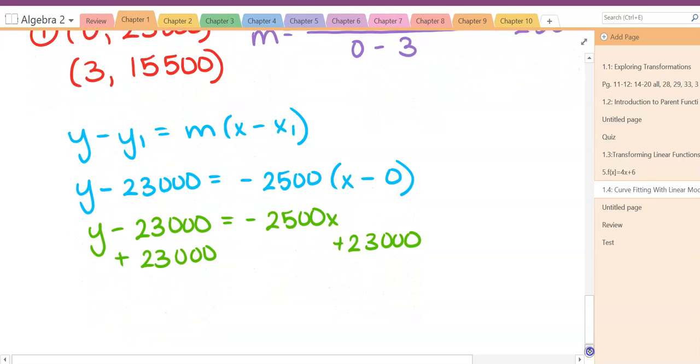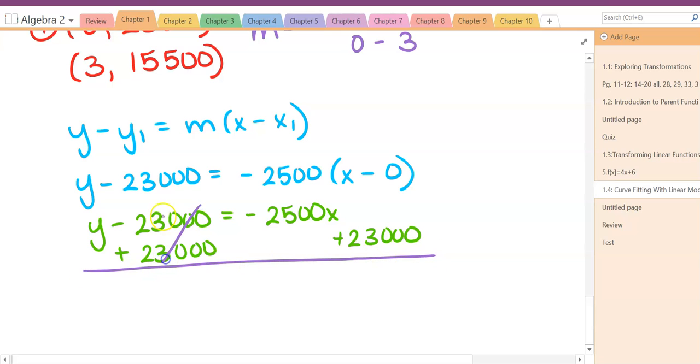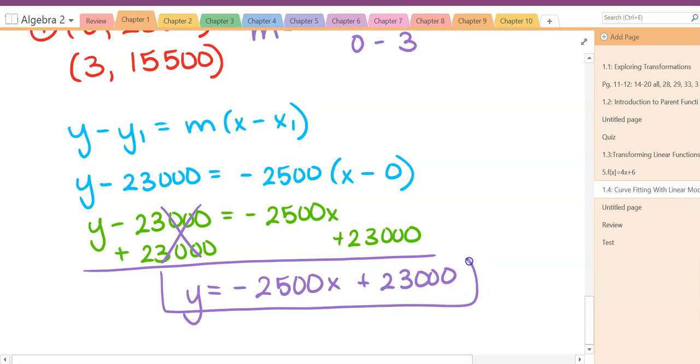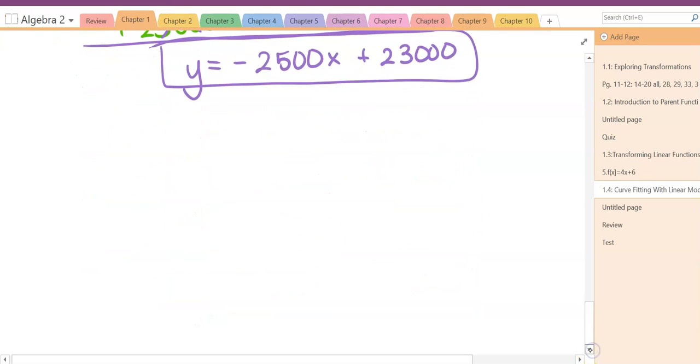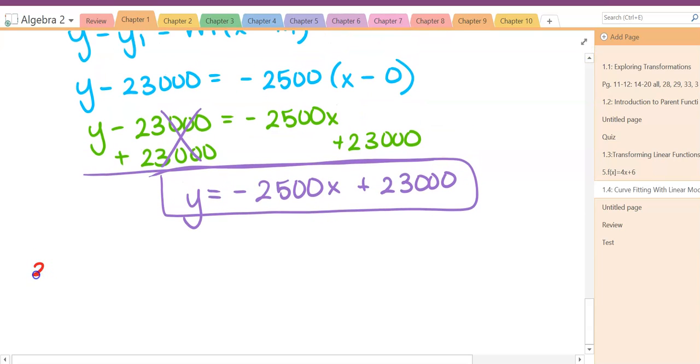I'm just showing you using the first coordinate, and it doesn't matter which one you guys use here. Your equation should have said the same thing as me: negative 2,500x plus 23,000. Now, to finish this up, let's use this equation to figure out how much this person's car is going to be worth after 8 years.